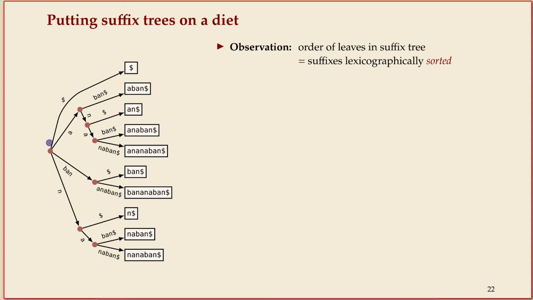If you make sure that all the child edges from each node are ordered by the alphabetic order of the letters, then you actually get all those suffixes in lexicographic order. The dollar comes first because that's always the smallest character in our ordering. Then there's a node with A, so everything that starts with an A will be in the range of that subtree. And that comes before everything that starts with a B, which is in this subtree, and so on.